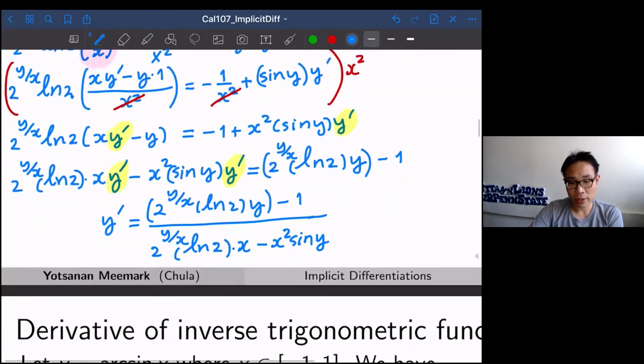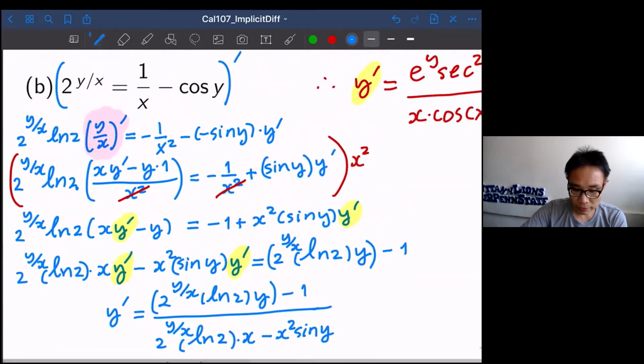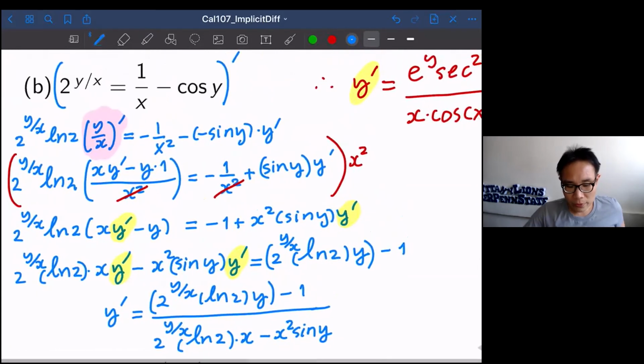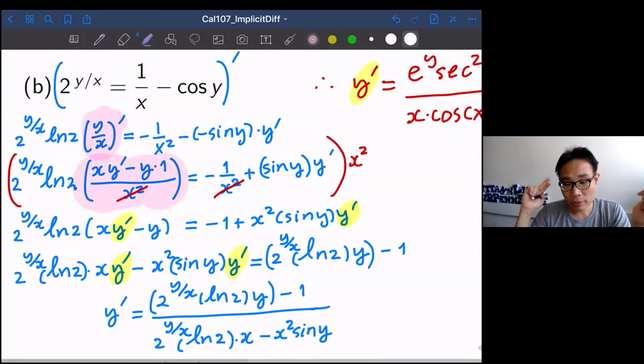So this is how we have the final answer. It's not quite easy, I'm not going to say easy. You have to find the derivative of the quotient, so this one is from the quotient rule, and the rest will be just implicit differentiation.